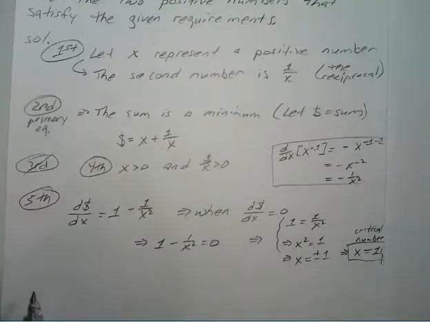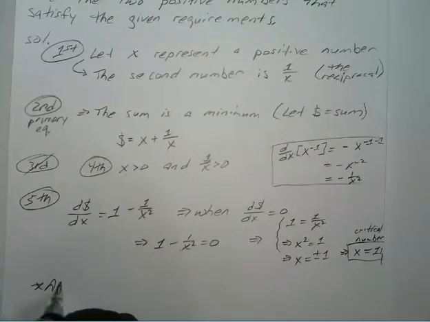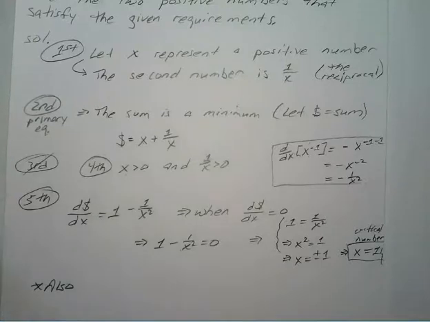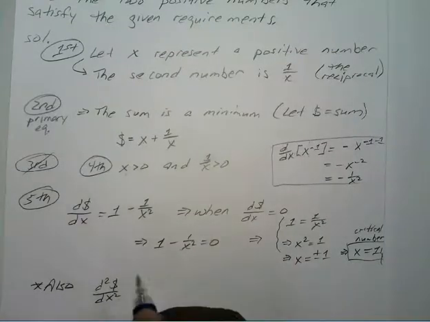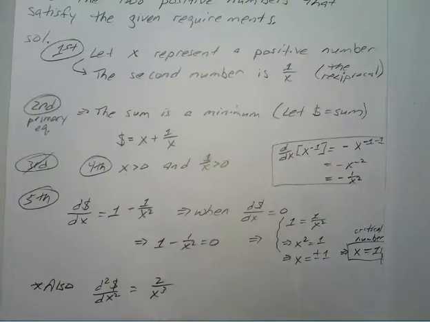Okay. Now, what does this tell us? Well, if we wanted to use our second derivative test, we could just find the second derivative of s with respect to x squared. To do that, that would just end up being 2 over x to the third.